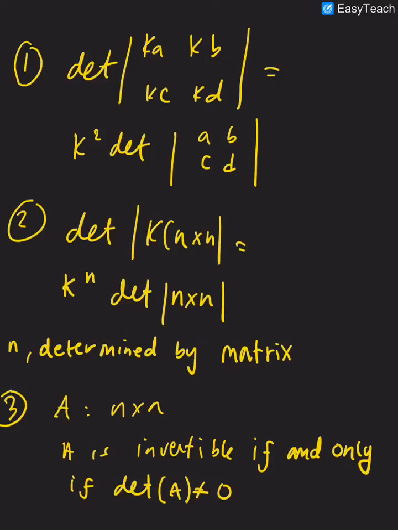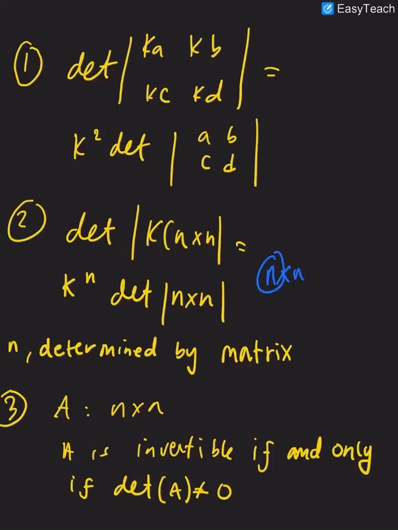Okay, so the next one, number 2, we have the determinant of K times this n by n matrix. If we were to pull out this K, we'd also have to include this n, and that n has to correspond to whatever this n by n is.